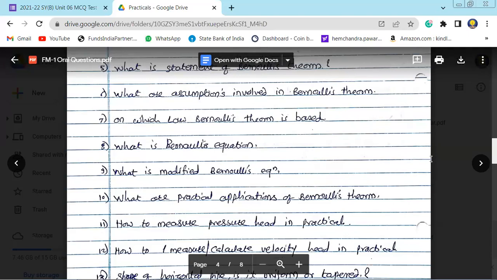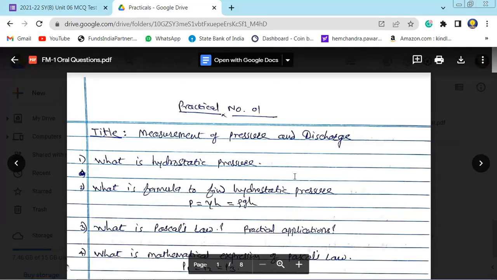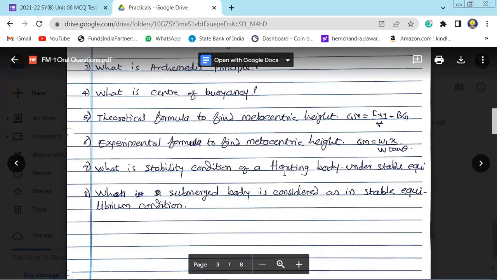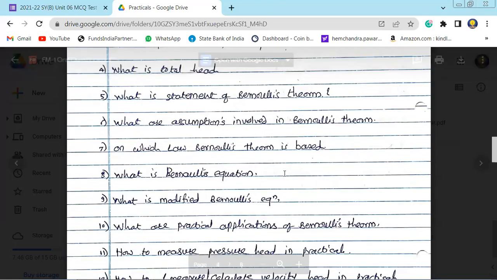What is Bernoulli's equation? What is modified Bernoulli's equation? What are the practical applications of Bernoulli's theorem?